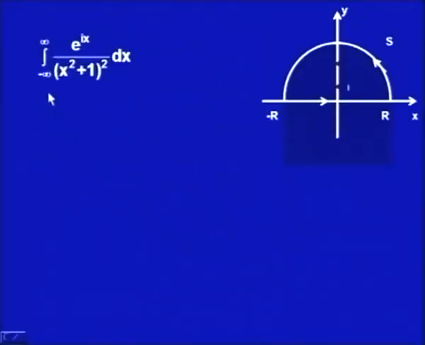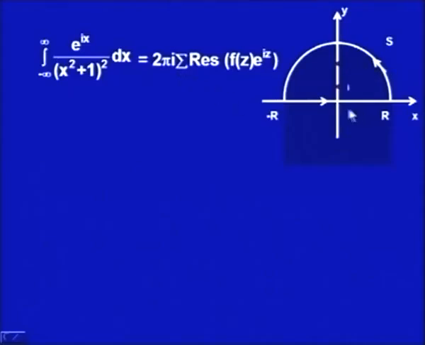So, we have got the integral from minus infinity to plus infinity e to the power ix upon (x square plus 1) whole square dx as 2 pi i summation of residues of f(z) e to the power iz, where the summation should run over all the poles in the upper half plane.